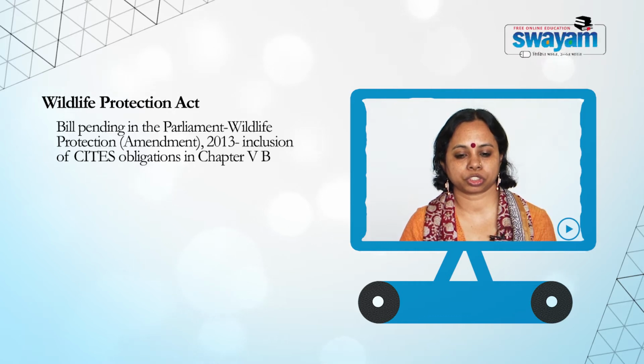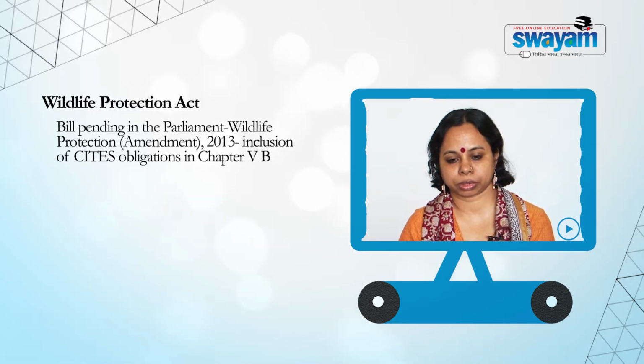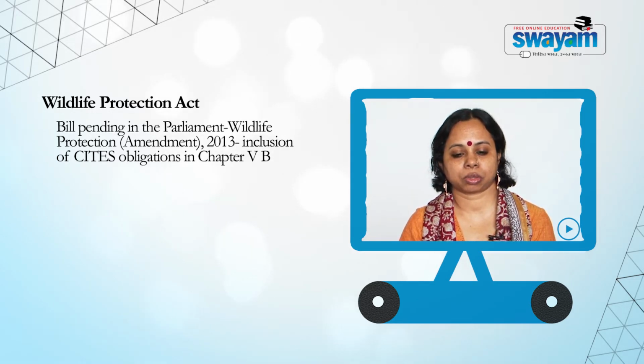This convention is one to which India is a party, and therefore the committee set up for that purpose suggested including the CITES obligations. CITES stands for the Convention on International Trade in Endangered Species, adopted in 1973. The CITES obligations now appear in the bill of 2013 in the form of chapter 5B.